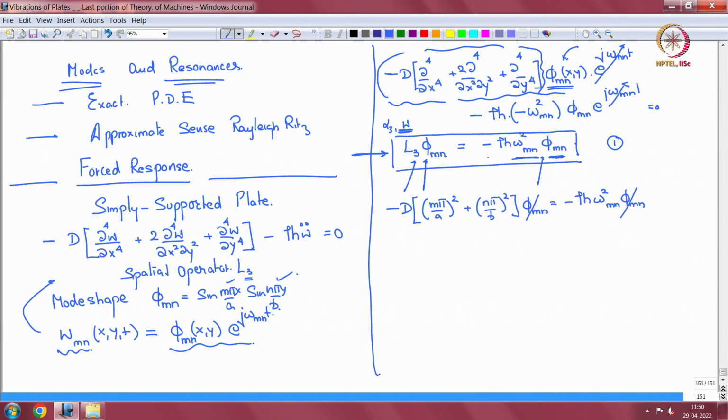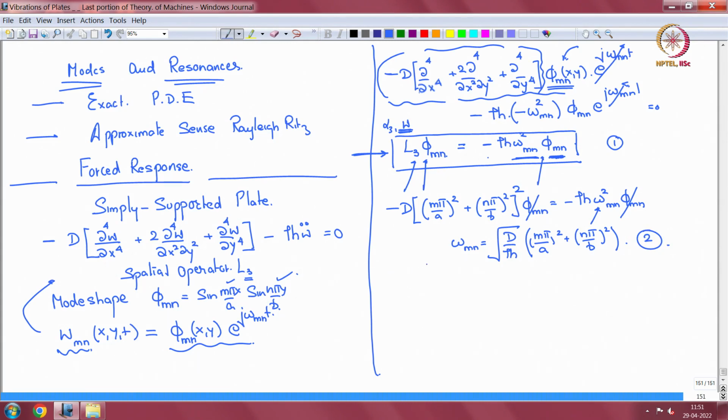This can go. Now this gives me a formula for natural frequency: omega mn is the square root of D by rho h times m pi by a squared plus n pi by b squared. This is 2. So these two things should be remembered.